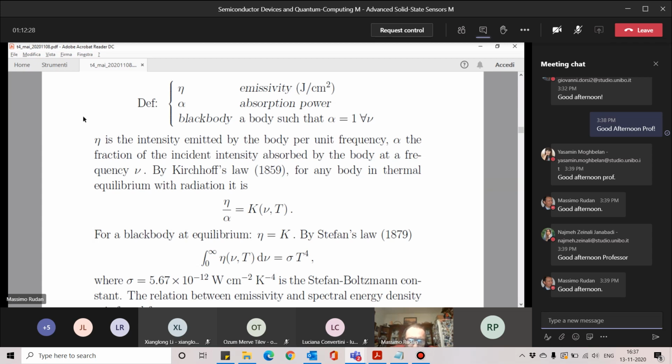the black body radiation. So the issue was investigated using the laws of thermodynamics in the mid 1800s.